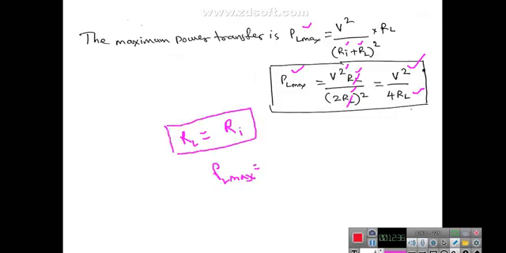PL maximum is equal to I square into RL, which in terms of V is V square divided by 4RL.